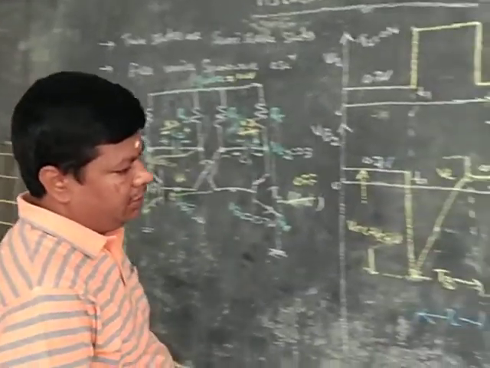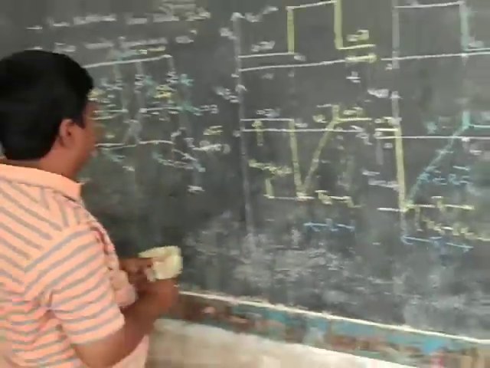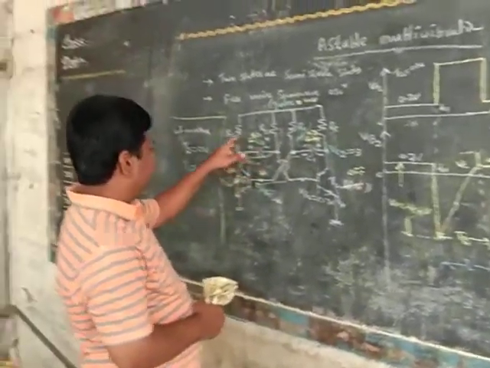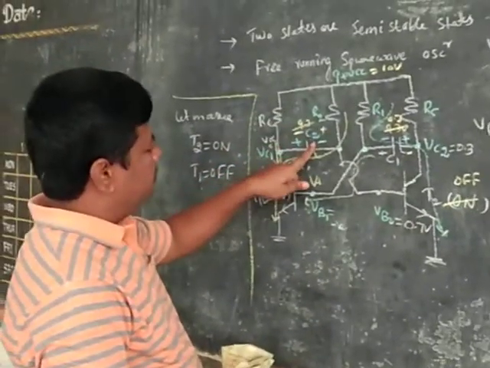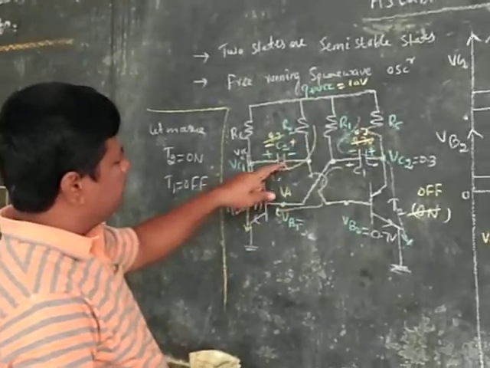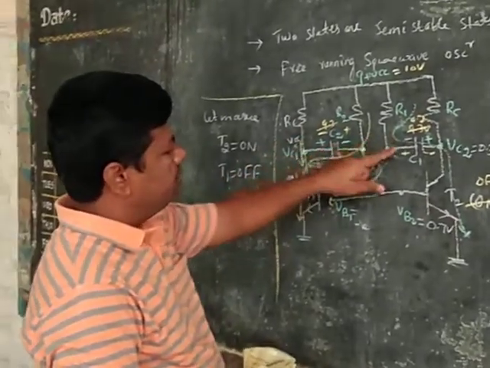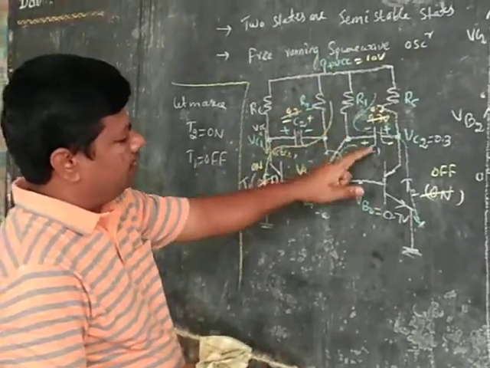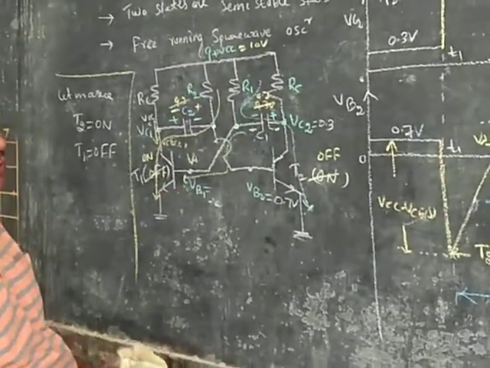Right? And already we know one capacitor is discharging and another one is charging. The charging time is R2 C2, the discharging time R2 C2. Here also the charging time R1 C1, discharging time R1 C1 through the T2 transistor.